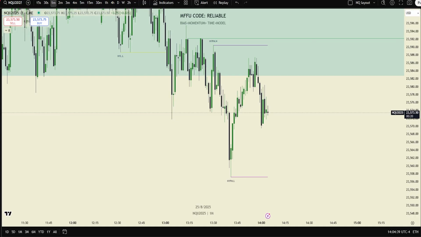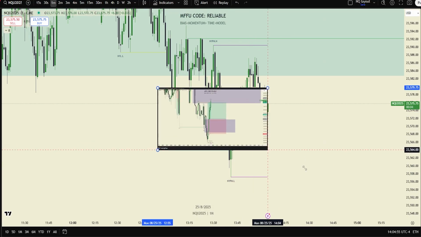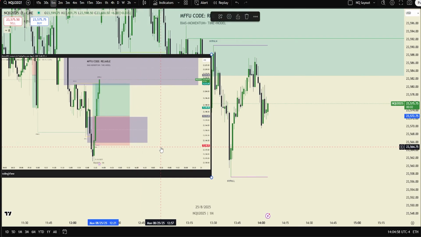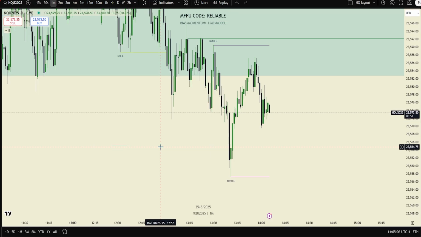What is your favorite setup, like your go-to? The one trade we had last week on the 5 minute. Any trades for PM?